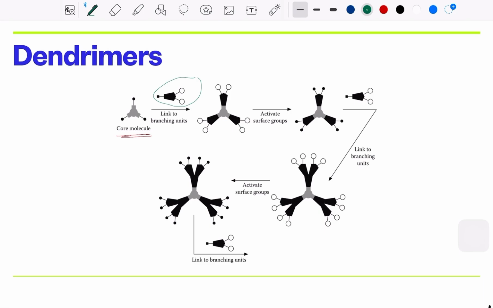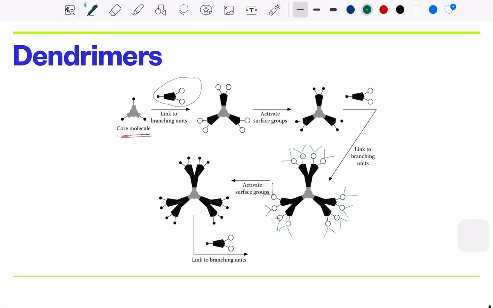And you will see that if we are going to add more branching units, perhaps we can take this and branch again, okay? You will see that at some point this polymer has some limits, right?